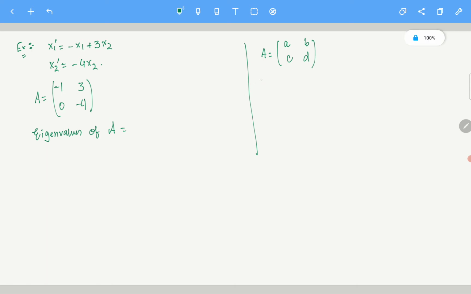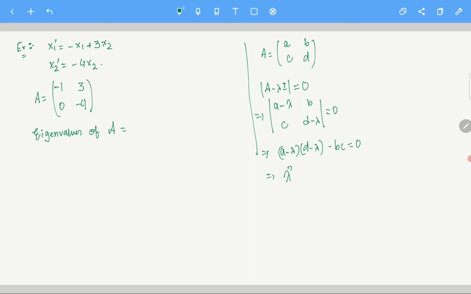If I am looking for an eigenvalue, basically I am looking for the lambda such that A minus lambda I is 0. So essentially what I have is the matrix a minus lambda, b, c, d minus lambda, whose determinant is going to be 0. That gives me (a minus lambda)(d minus lambda) minus bc equals 0.